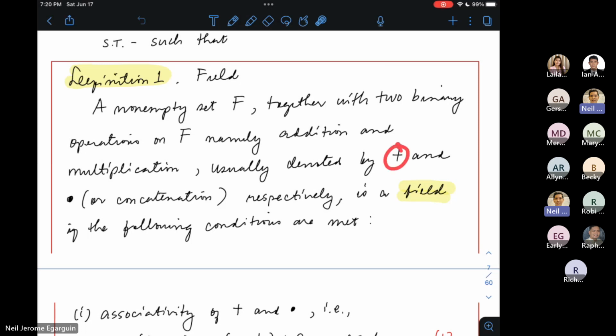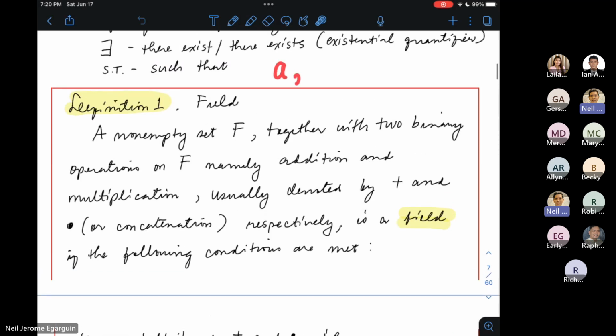I-denote natin by plus yung addition, tapos dot or concatenation yung multiplication. So really, what will happen is that if A and B are members of your capital F, gusto ko yung A plus B ay nasa capital F pa rin. Kasi I want addition, denoted by plus, to be a binary operation.